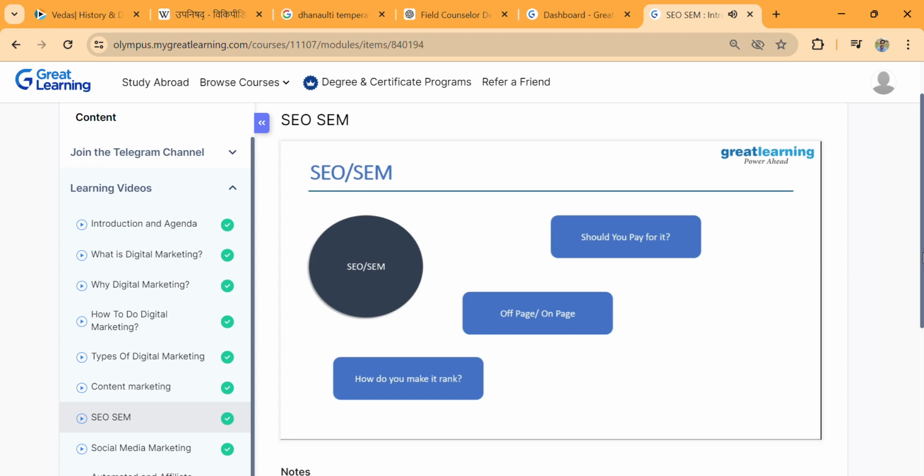I write an article and put it on a particular website, but when I search for that particular keyword, let's assume I've written an article on top 10 mobiles in 2020, it's a very beautiful article, but it does not show up. What does that mean? That could mean that the keyword you've searched for has a lot of volume and a lot of people have created content on that. So your content is not visible.